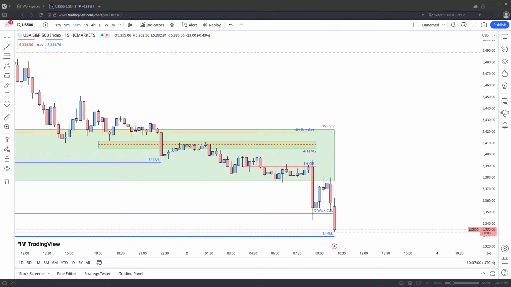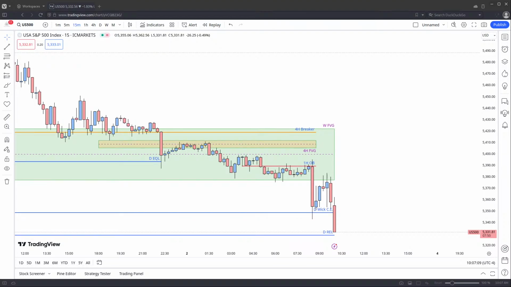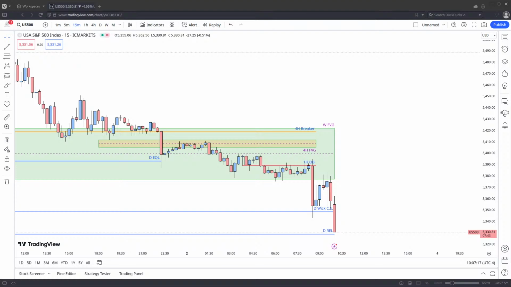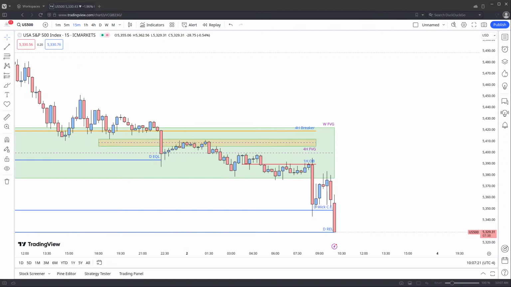And that again just comes into, you have to be creative with this stuff. Go in and find what makes sense to you and what resonates with you, and take that and make your model. That's how you got to do it. So that might be your model. You might be looking at price to trade the consequent encroachment, reject that consequent encroachment of, let's say, an inversion, and that's your trade right there.